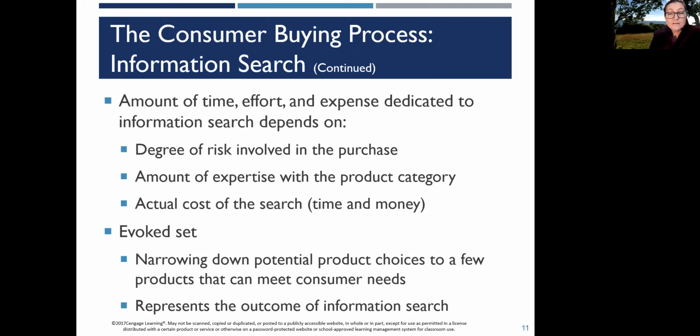Right, so yes, the degree of risk can mean a variation in the amount of time and effort, but also the cost of the search. So searching takes time and money in itself. So that may well be the varying factor for how much information search is undertaken or not.